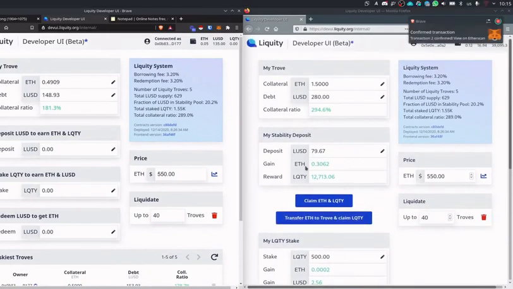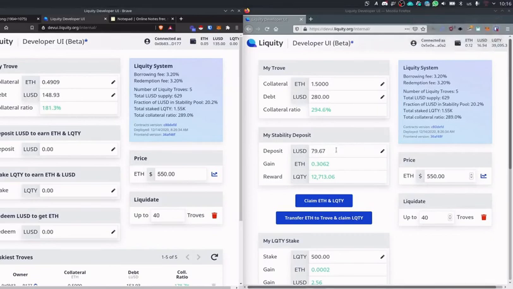Now we move to the stability deposit. So to make any gains in the stability deposit, you obviously have to be invested into it. And this user entered 80 LUSD into it.